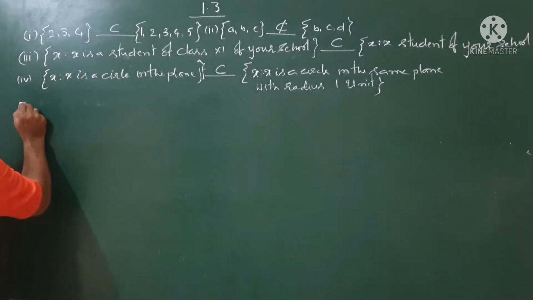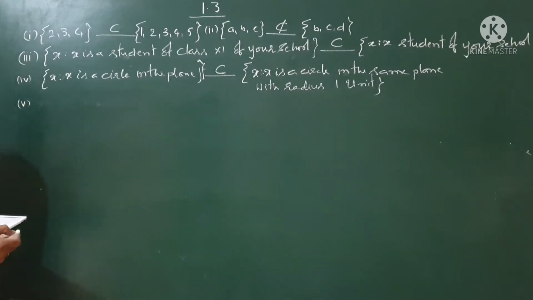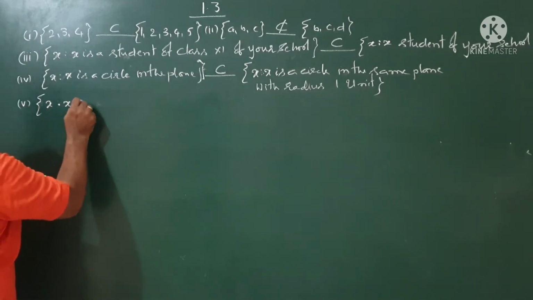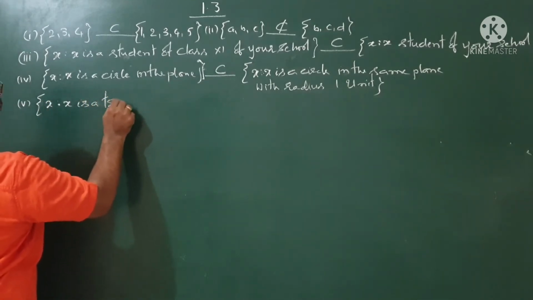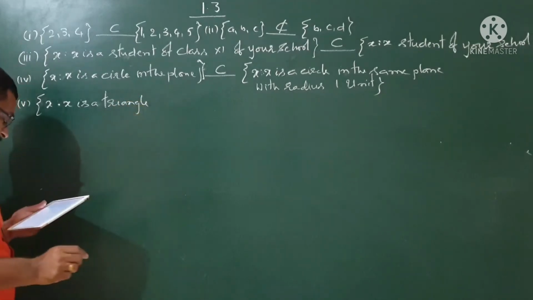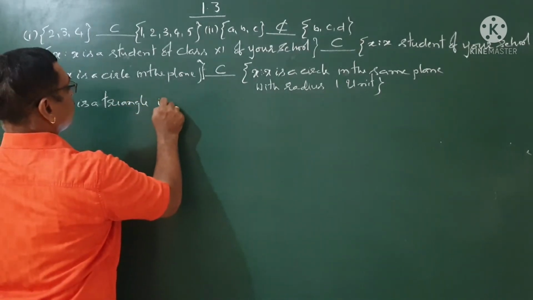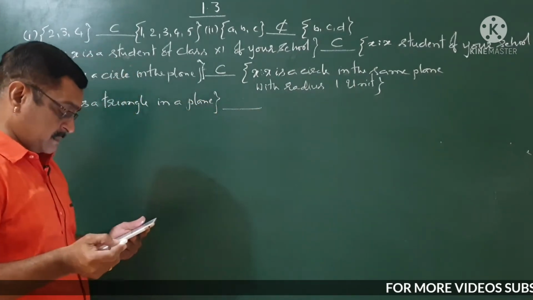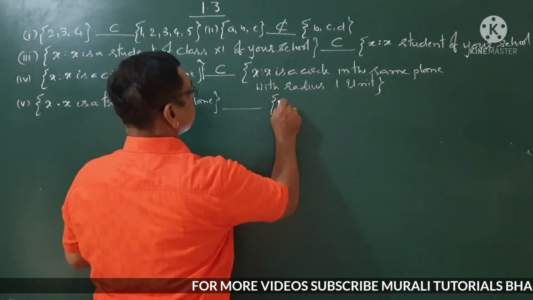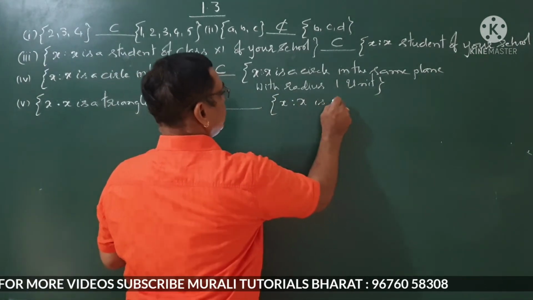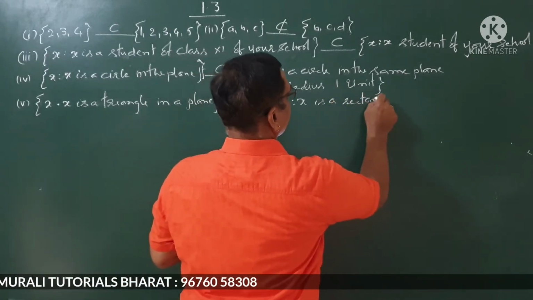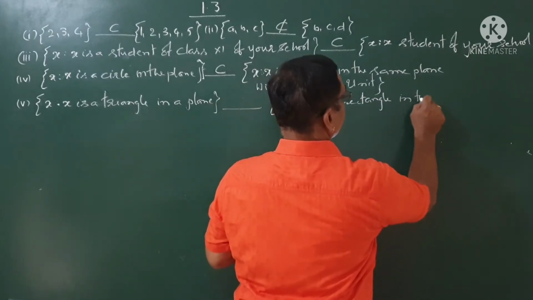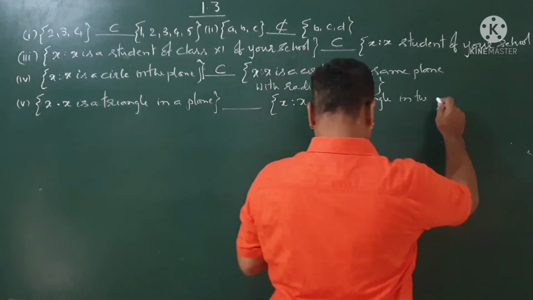Next, fifth question. {x : x is a triangle in a plane} dash {x : x is a rectangle in the plane}.